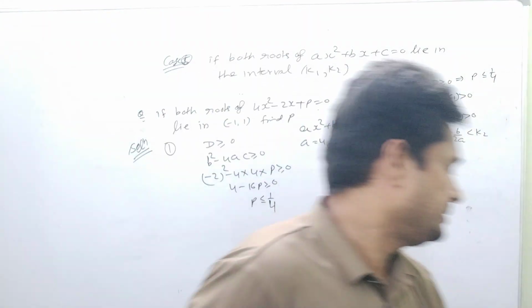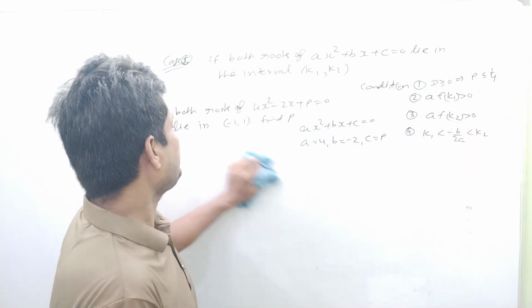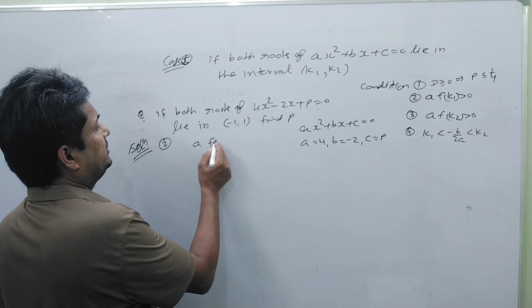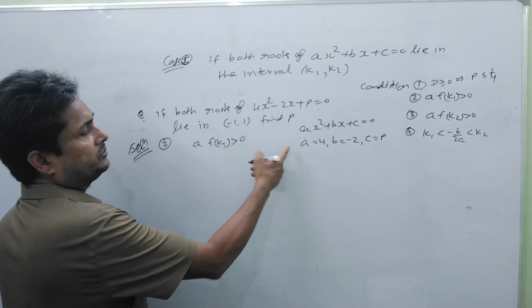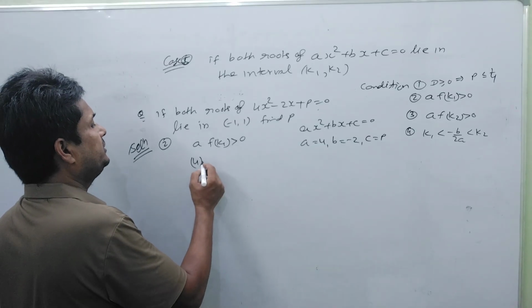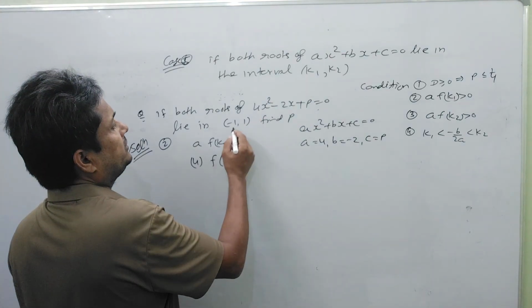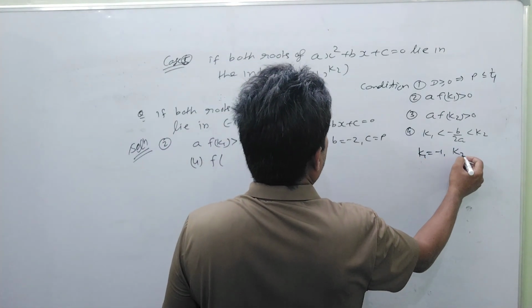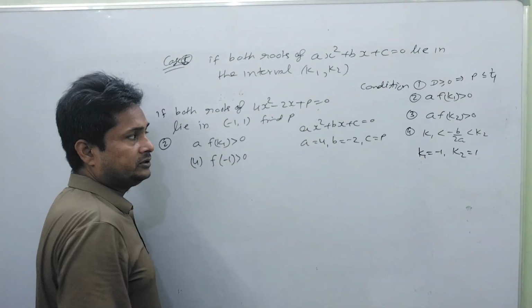Now find the answer for the second case. The second case is A times f(k1) is positive. A is 4, so this is 4 into f(k1). K1 is equal to minus 1 and k2 is equal to 1. That means f of minus 1 greater than 0.